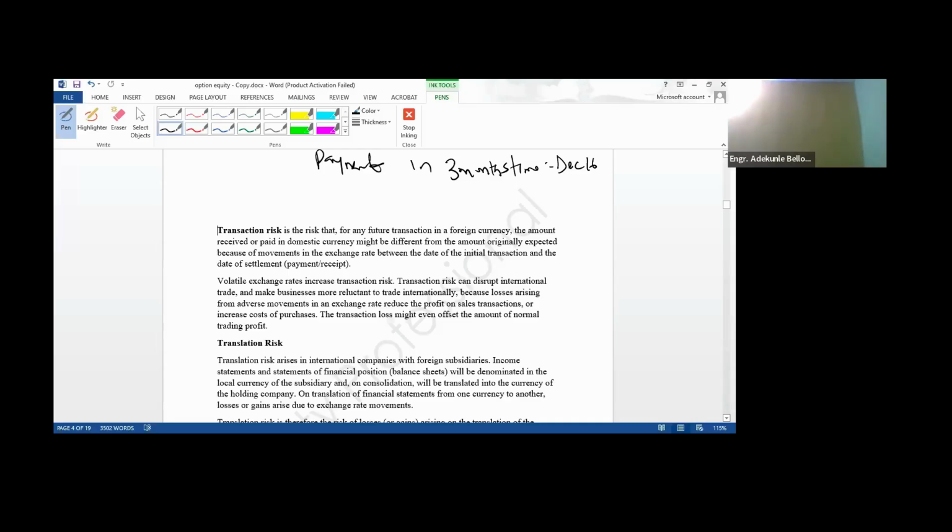Okay. We still have a lot to deal with. We are still coming to that. First, understand what transaction risk is. The estimation aspect is computation, and we have not computed.